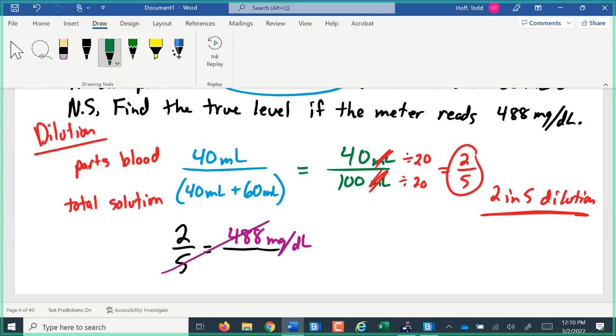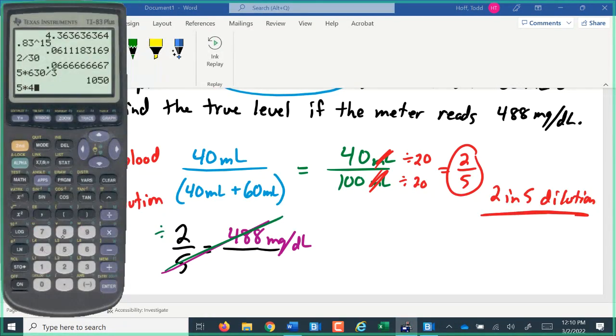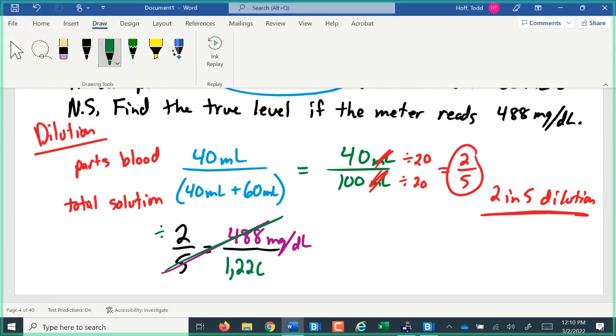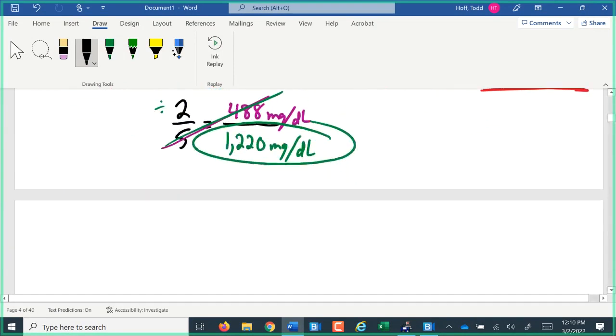So 5 times 488 divided by 2. That's 1,220. 1,220 milligrams per deciliter as our true reading there.